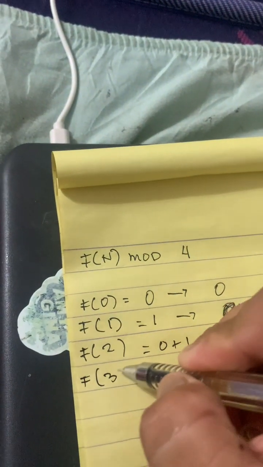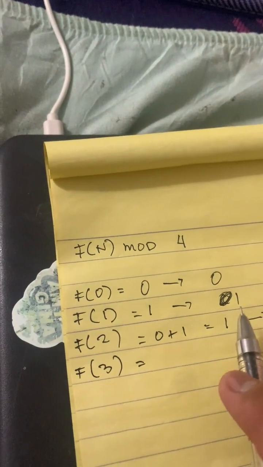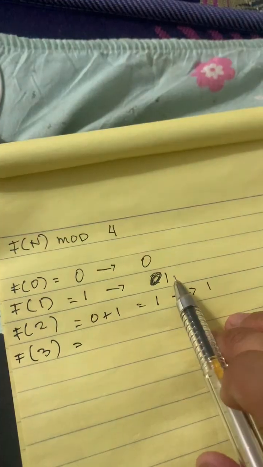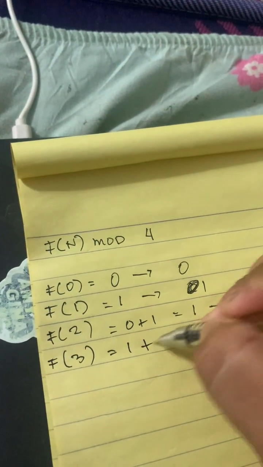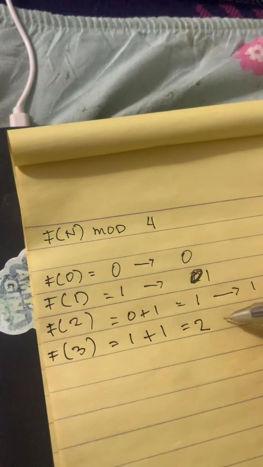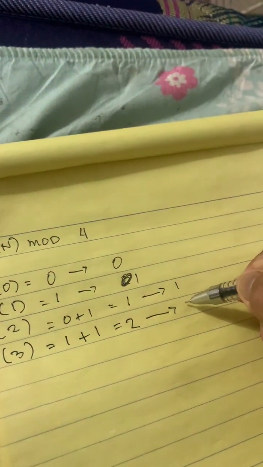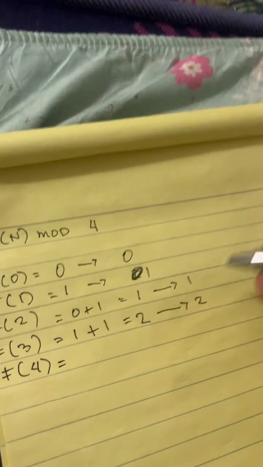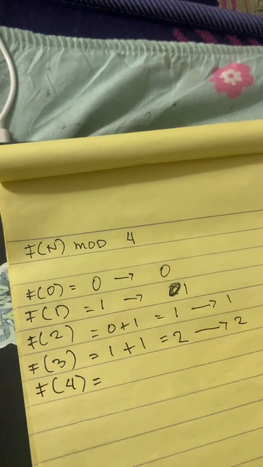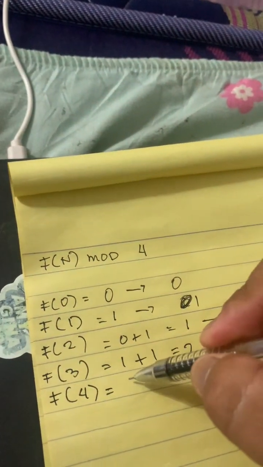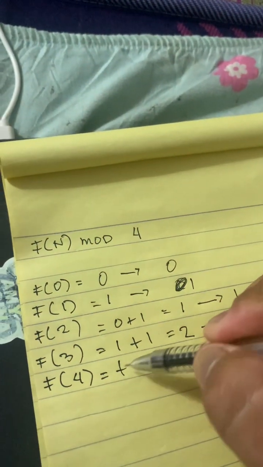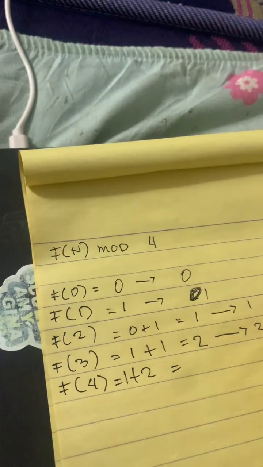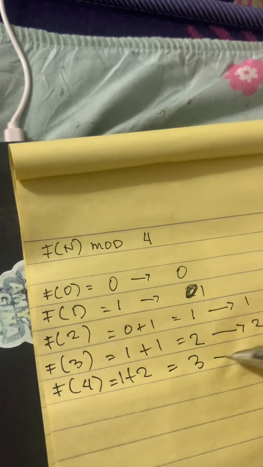F sub 3 is equal to, again, the last two digits, 1 plus 1, which is equal to 2. For the sequence this is 2. So f sub 4 is equal to the last two digits, 1 and 2, so 1 plus 2 is equal to 3.